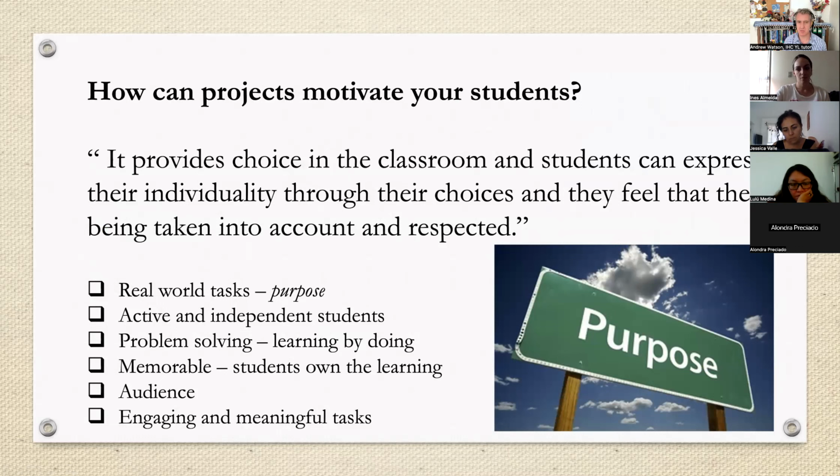We want them to solve problems so that they can learn by doing. We need to make them memorable so that students own the learning. We need to provide an audience so that maybe students can do a presentation and get a response. And we need to have engaging and meaningful tasks.